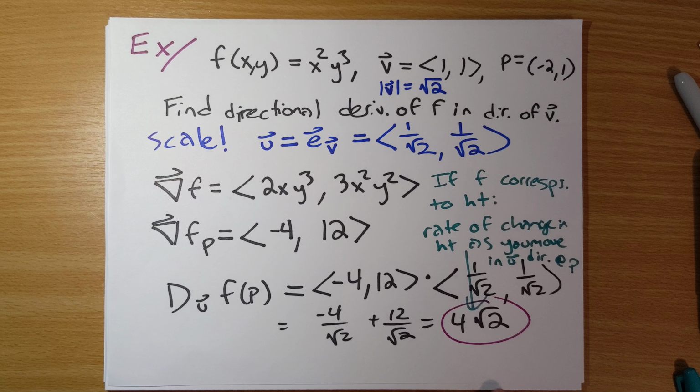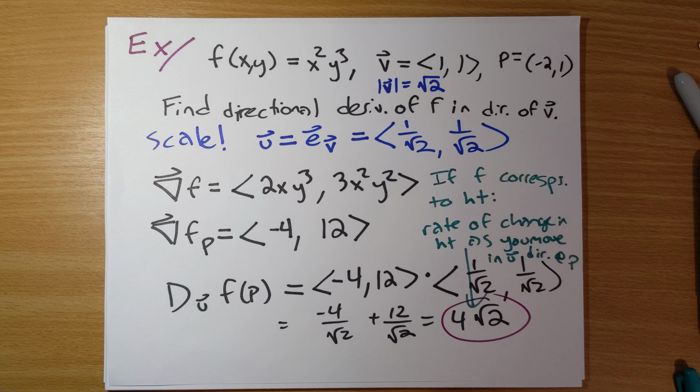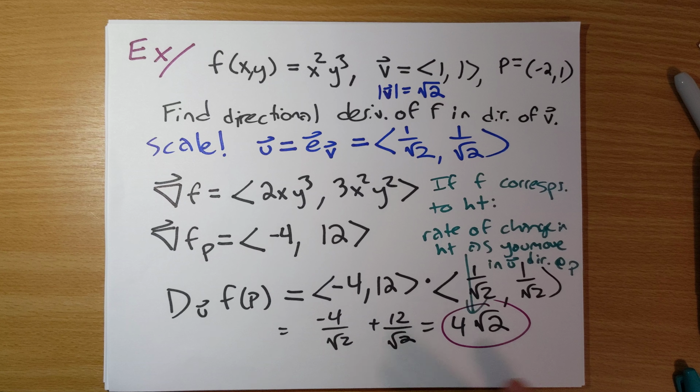So in particular, note that you're going uphill. 4 square root 2 is positive, so you are going uphill. If we had obtained a negative answer, we would have been going down the hill.